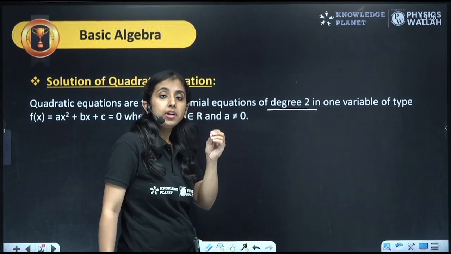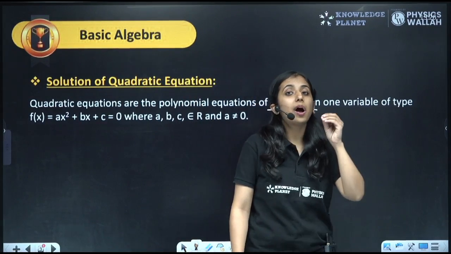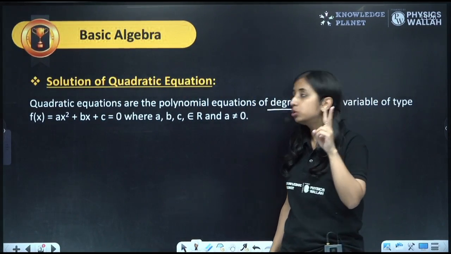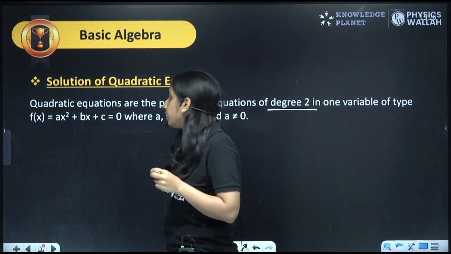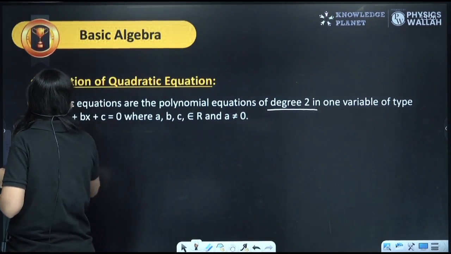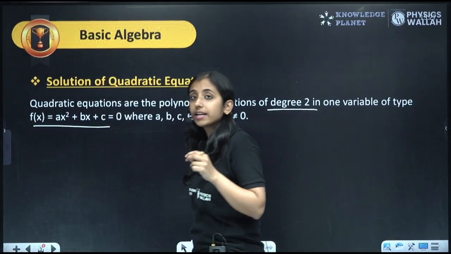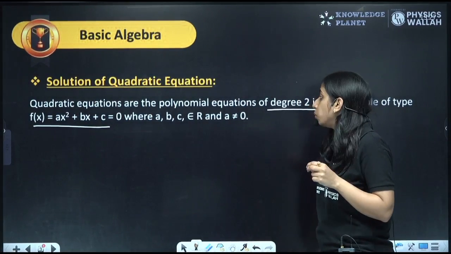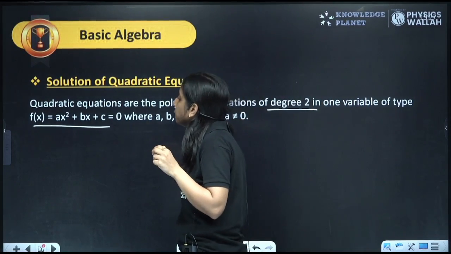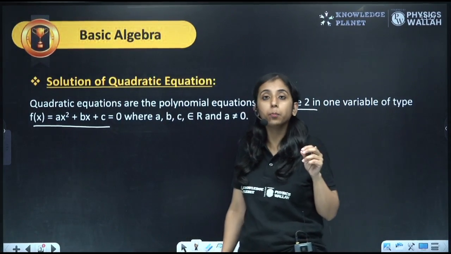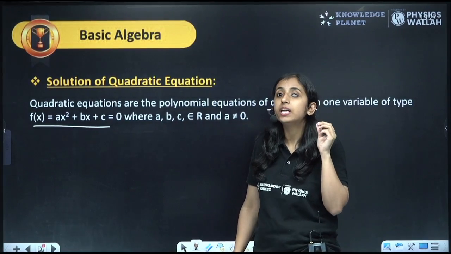Degree 2, it means the highest power of variable can be 2. If I say the general form of quadratic equation, then f is equal to ax square plus bx plus c is equal to 0. This is a general form of quadratic equation where a, b and c are real numbers and a cannot be 0.